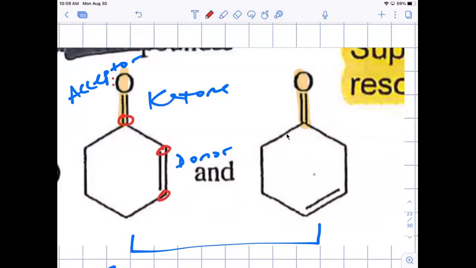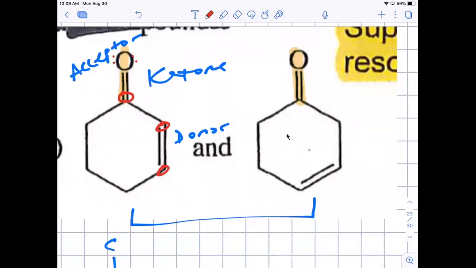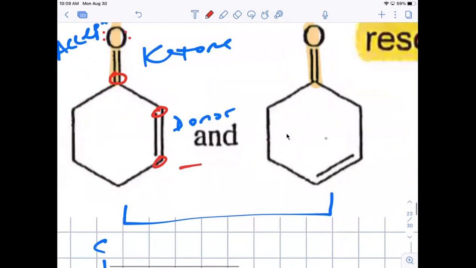And then of course the oxygen is a part of that too. But we're looking at the carbon because I'm going to donate a pair of electrons there. So this is a type of allylic system, so it's going to follow similar rules as the allylic systems follow.